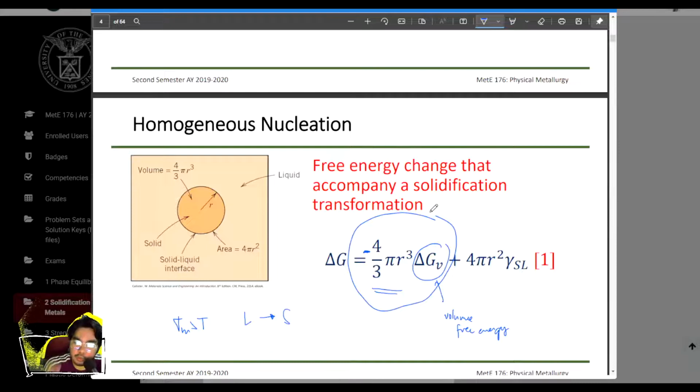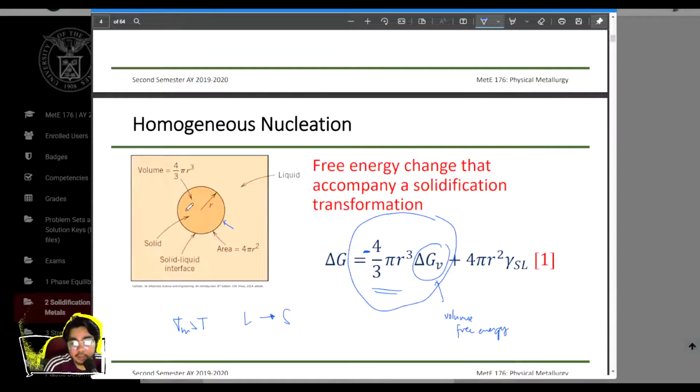Now, from what we learned in surface free energy or surface thermodynamics, when we create new surfaces, and technically this is a new surface, because when you produce a solid, you have an interface between the solid and the liquid. So that becomes a new surface, no? So when you increase the volume, you also increase the surface free energy.